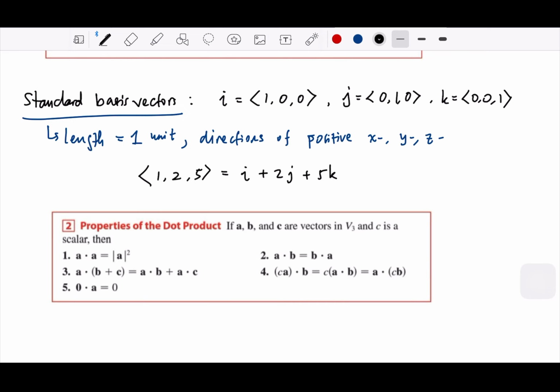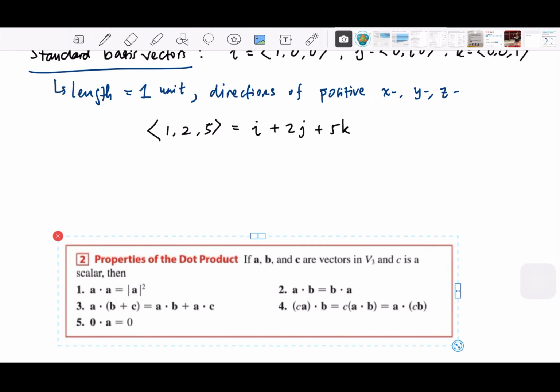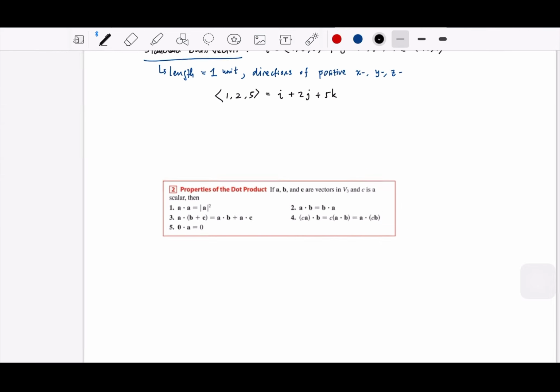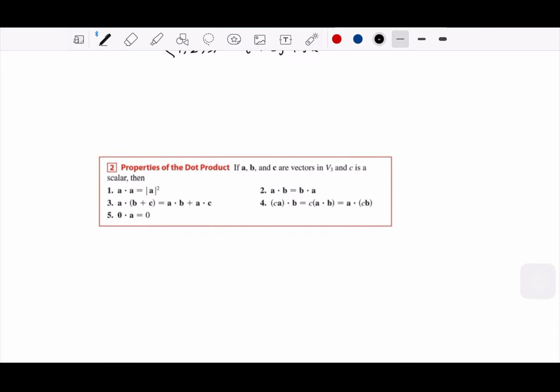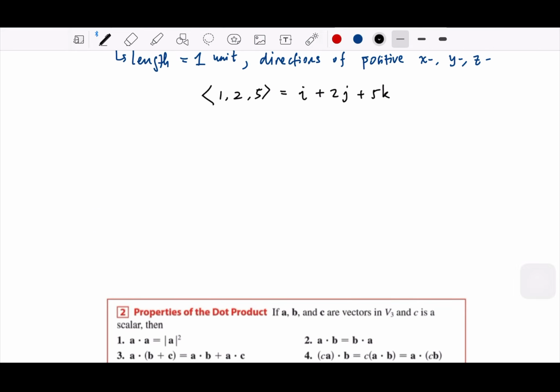Okay, and I think that's 12.2. 12.3, we'll start with the dot product. Before we go into the properties, let me go for the definition first. So this is 12.3, dot product.